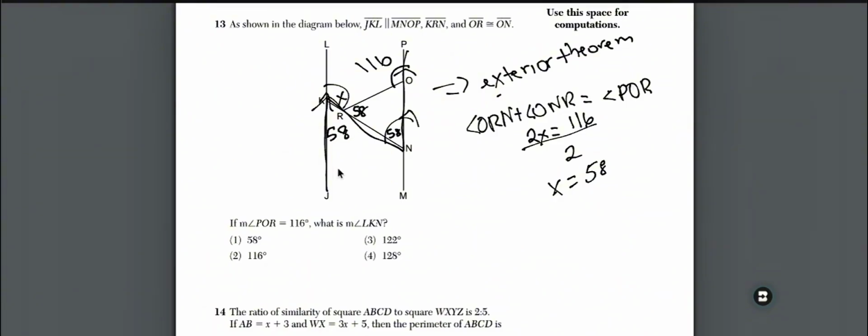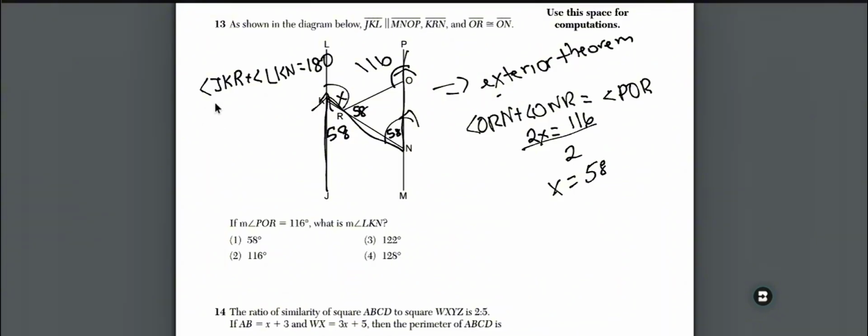Okay? And the angle that I am looking for is a supplementary angle to angle JKR. So that means that angle JKR plus angle LKN equals 180.